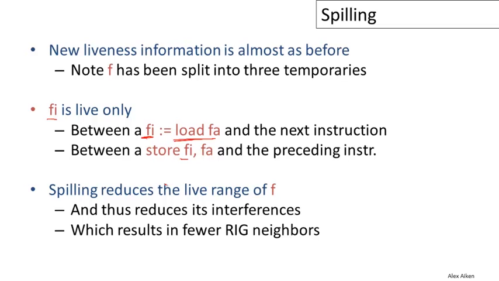So whatever name we decided to spill, by adding the loads and stores right next to the places where those values are used, we dramatically reduce the live range. And in addition, as I mentioned on the previous slide, by splitting the name f into multiple different names, we also avoid sharing those live ranges between the different versions of f.